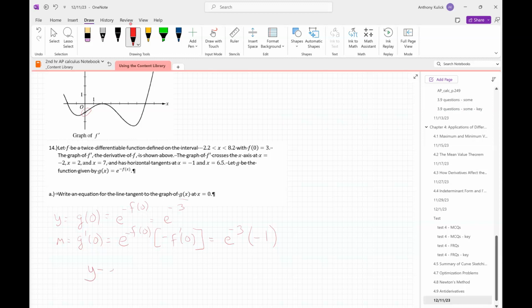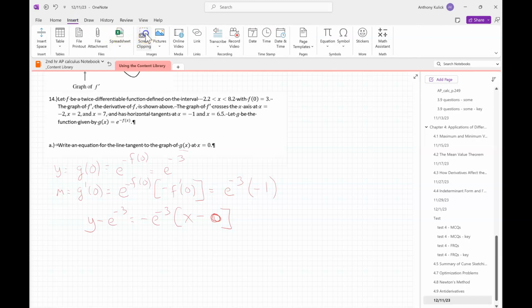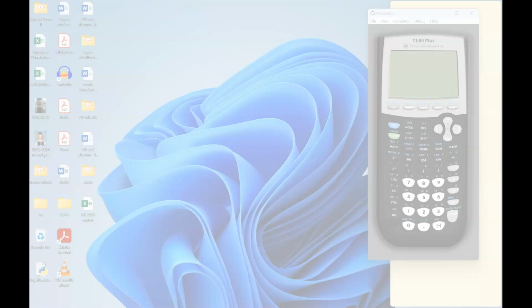So I'd have y minus e to the negative 3 equals negative e to the negative 3 times x minus 0. You can simplify that some more if you want to, but that's good enough. So far, so good? Yeah.